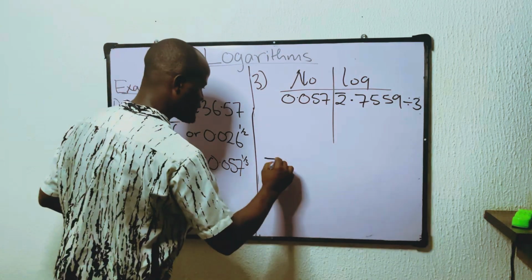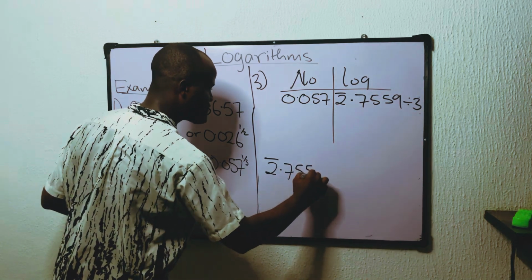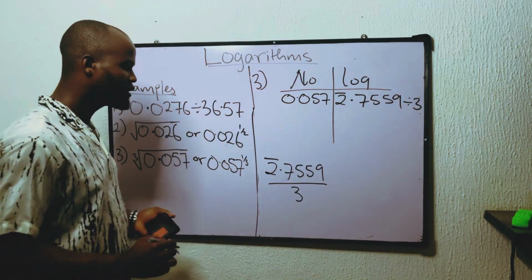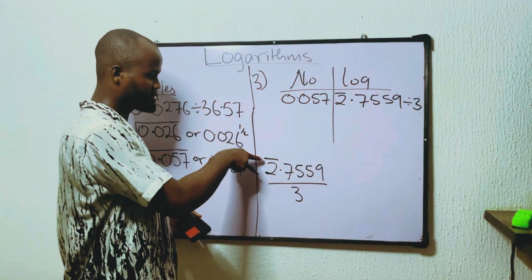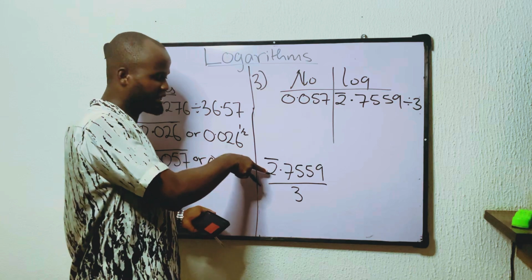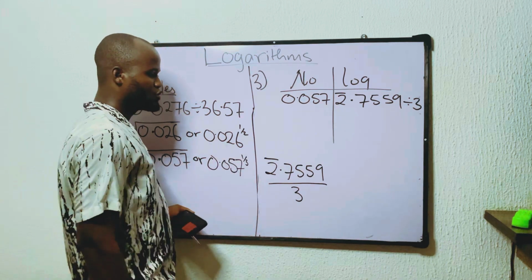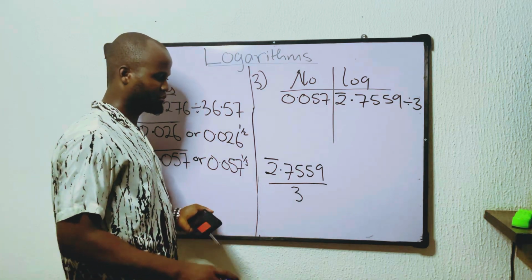So this is bar 2.7559 divided by 3. Normally, as we said earlier, this negative here belongs only to the characteristic, and that's why it is put at the top. All right. So if we must separate this, we're going to follow a very tactical approach.